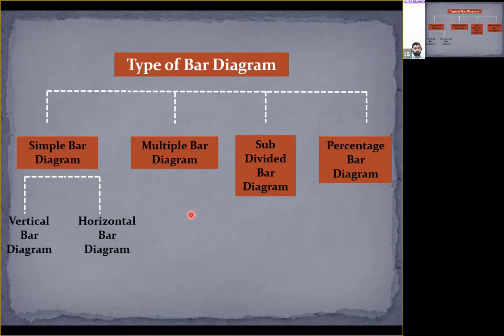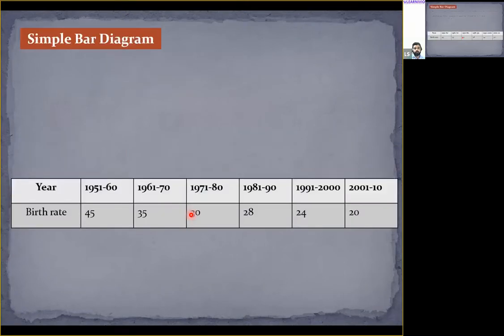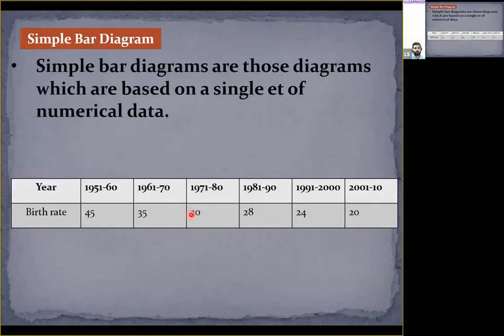So let's move. First of all, let's discuss what is a simple bar diagram. See, simple bar diagrams are those diagrams which are based on a single set of numerical data. There is a writing mistake, spelling mistake. This is actually set. So simple bar diagrams are those which are drawn on a single set of data.